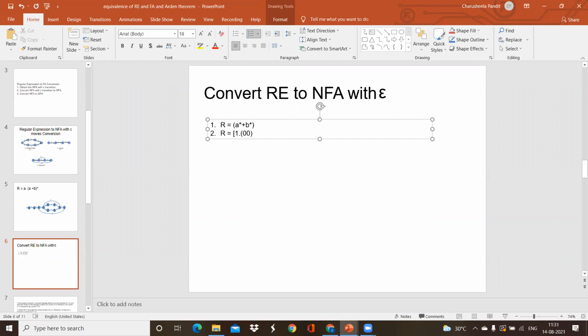The second regular expression is 1.0(0) star dot 1 plus 0.1, 0.1 dot 0 dot.